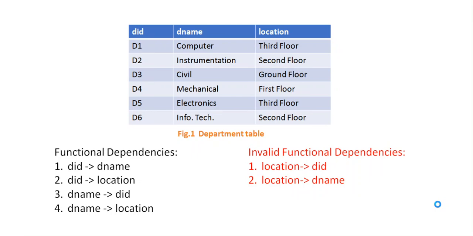So in this case department ID is a candidate key and it can be a primary key, and department name is also a candidate key and it can be a primary key. We are talking about the values given in this relation only. So these are the functional dependencies for this table.